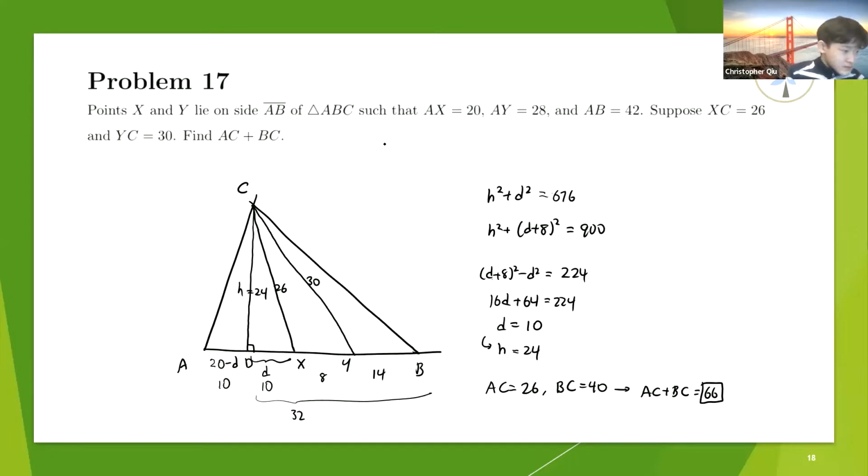And in this case, let me try to draw it over here. So we would have a triangle like this. And we would have x on this side and y on this side.